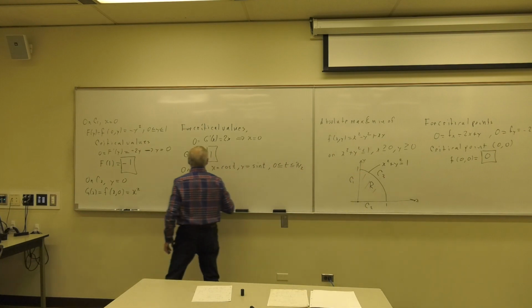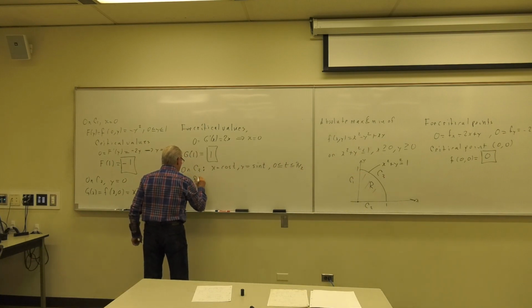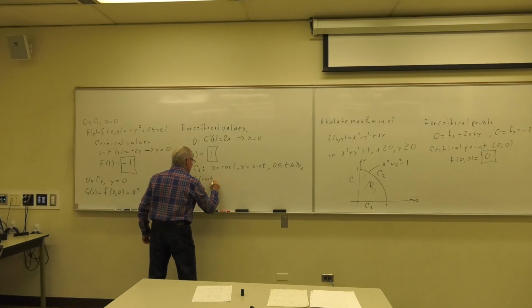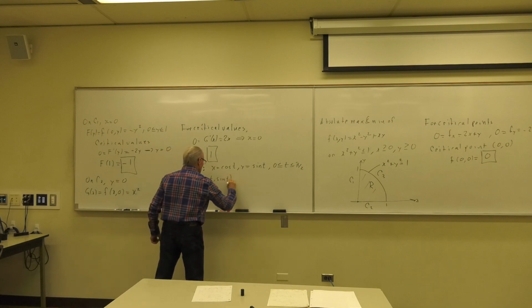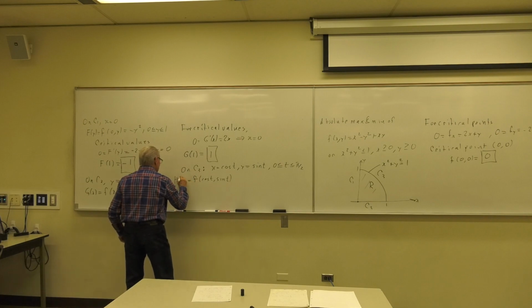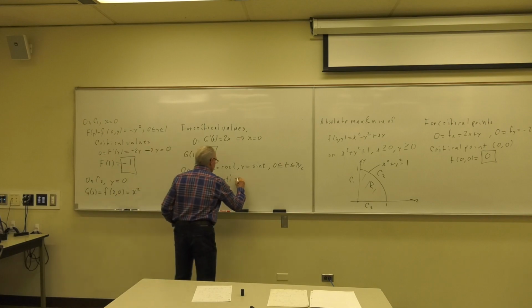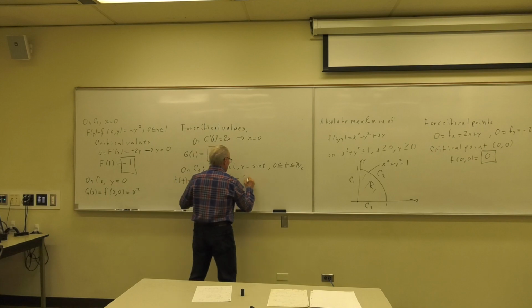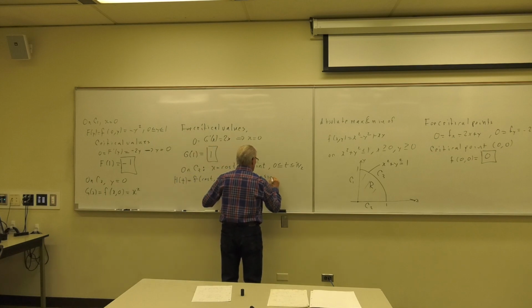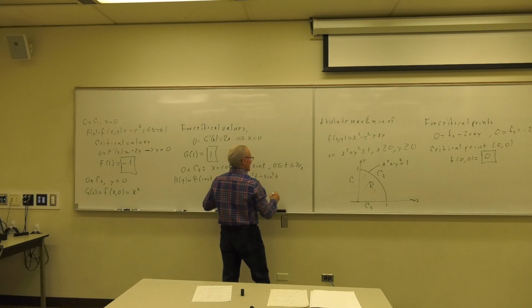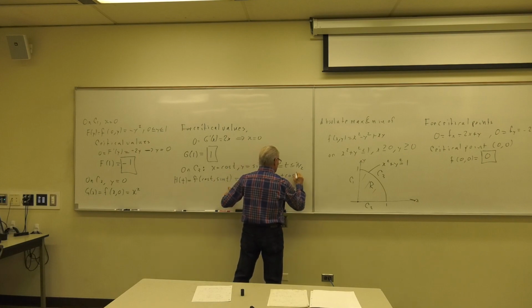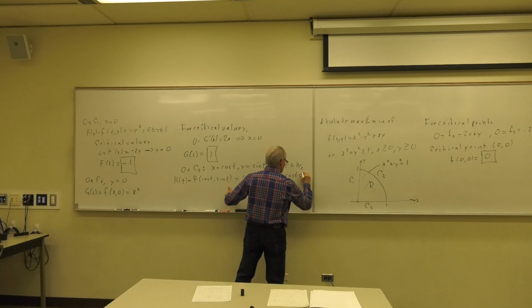All right. So what we're going to have then? We'll have f at cos t and sine t. Let me call this h of t is going to be equal to cos squared t minus sine squared t plus cos t sine t.